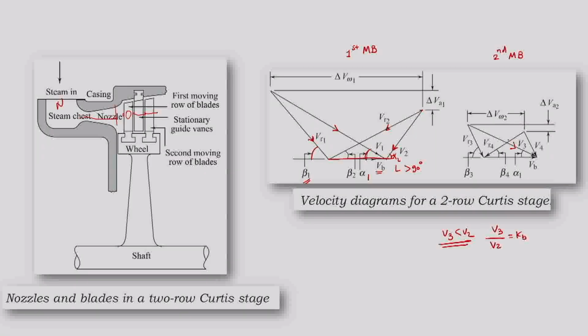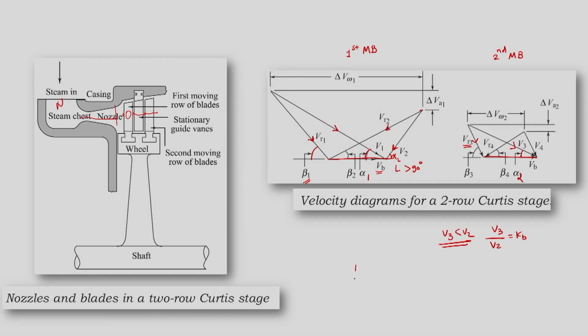So, V3 is there, and then we have the second angle alpha 2 for the moving blades, and we have the same Vb as the tangential speed for the second set of moving blades, and so we have Vr3.